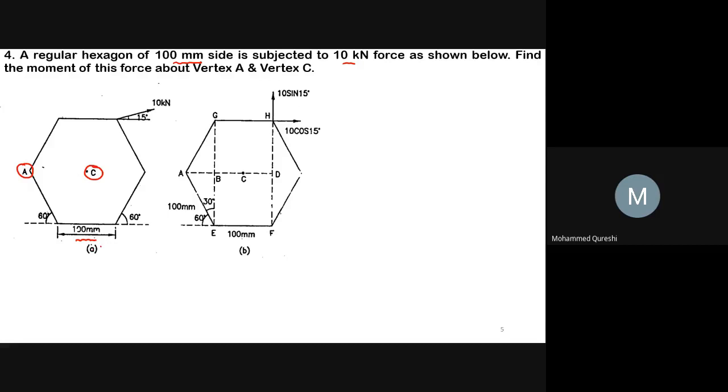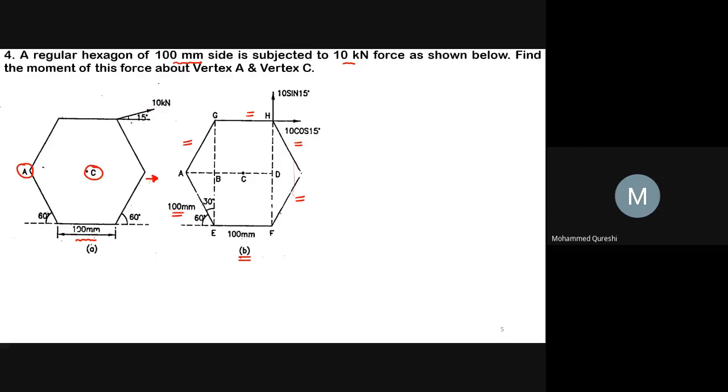So I will just simply resolve this figure into figure number B. So here 100 mm, this is also 100 mm, this is also 100, this is also 100, this side is also 100, and this side is also 100.